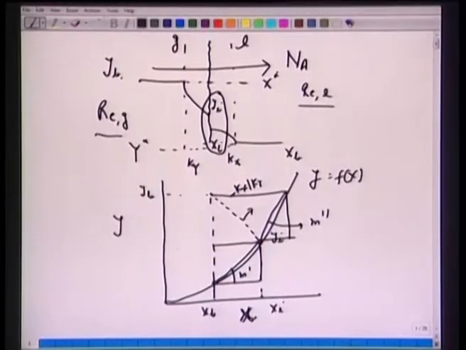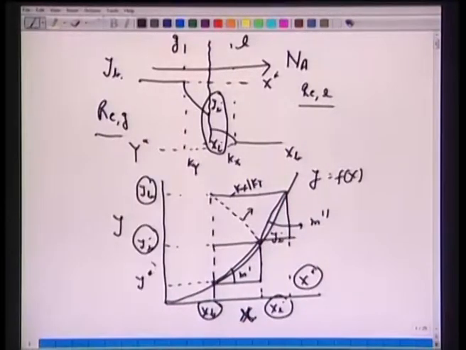So let's look at this. We have YB here, YI here, and we have XI and XB coordinates here. We can write equivalent to this XB, as we said earlier, Y star, and equivalent to this YB, we can have X star. So XB, XI, X star, and YB, YI, Y star.